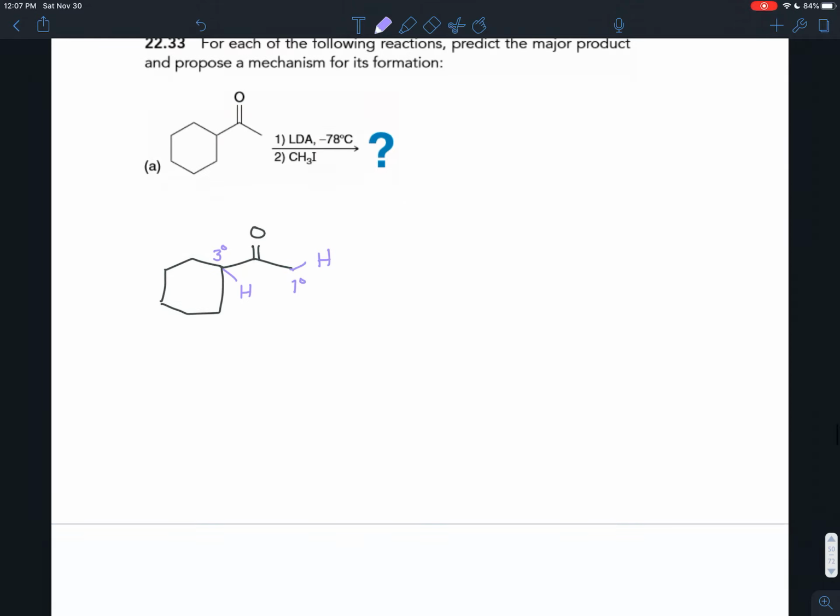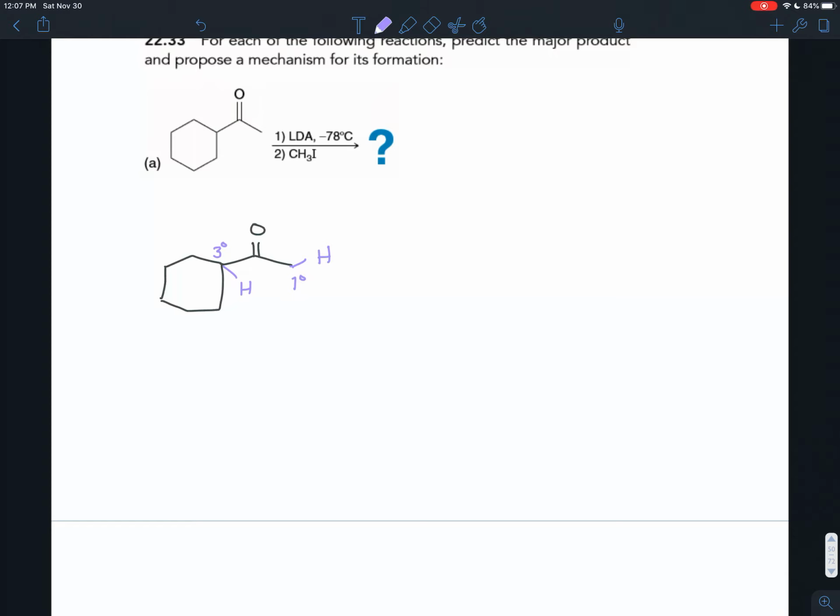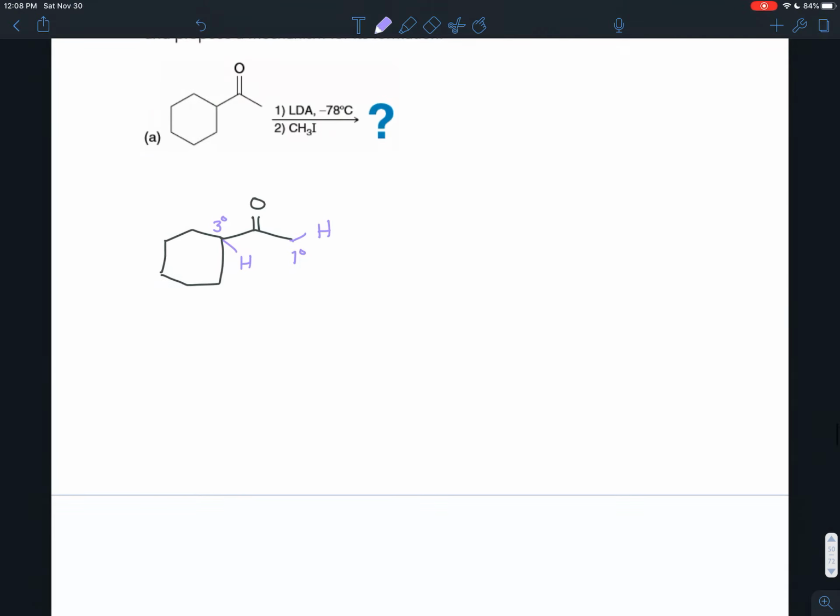Remember that those designations give you information about how crowded a carbon is. So this tertiary carbon is much more crowded than this primary carbon is. We can control which of those hydrogens are stolen by the base by using either a very big, very bulky base, which will be able to reach this less crowded hydrogen better than the more crowded one, or by using a very small, skinny base.